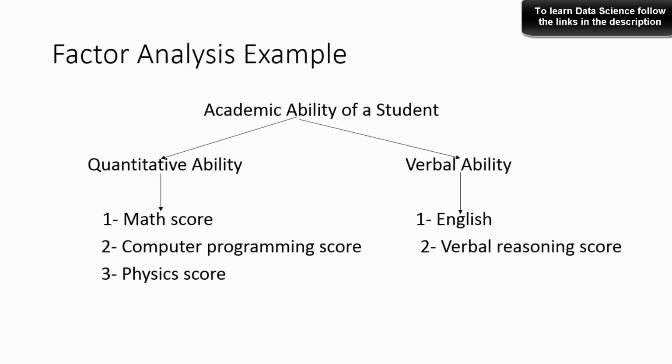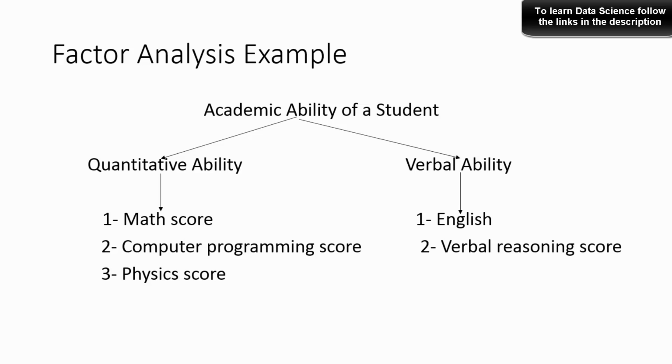Now quantitative ability can be judged by a couple of indicators, a couple of variables: mathematics score, computer programming score, physics score, statistics score. Verbal ability of a student can be measured by the score in English or verbal reasoning.